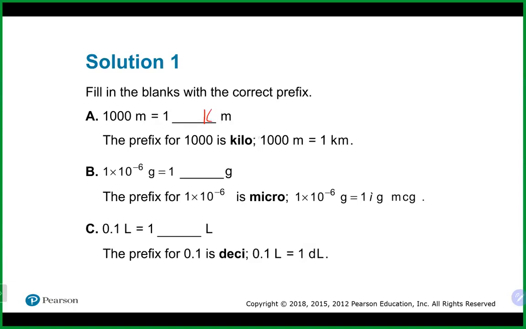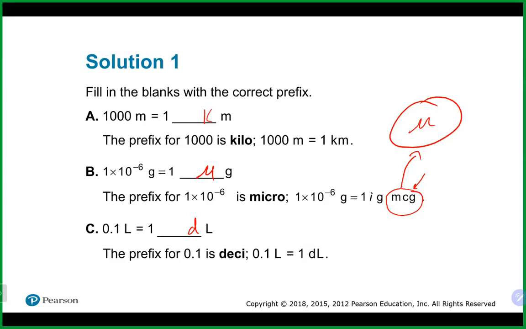Micro, by the way, is abbreviated weirdly in this book and some other books lately, but I guess that is what they use for micrograms. Most people use micrograms with this little symbol here, or micro is that little symbol. But some books nowadays use that for micrograms. We probably won't come across it too much here, but 0.1 liter is a deciliter, as we can see from that chart.